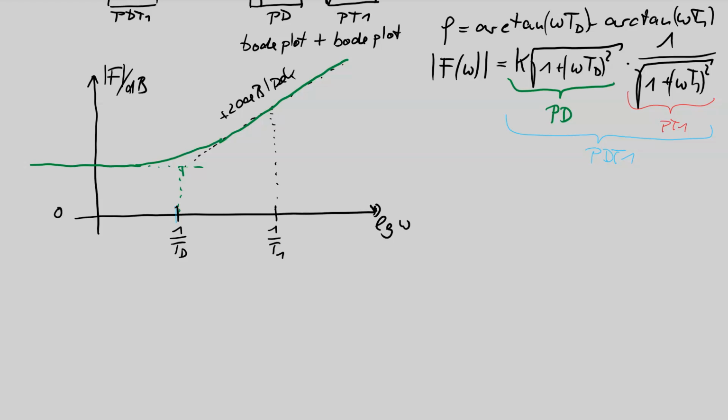And again, if we analyze the situation at the corner frequency, here we have a plus 3 dB difference between the asymptotic curve and the correct curve.